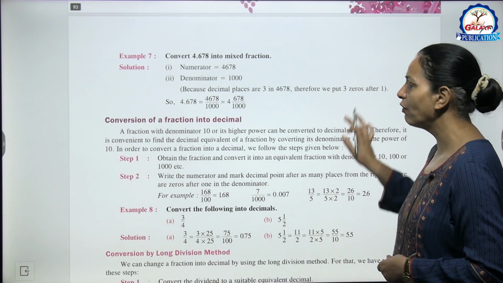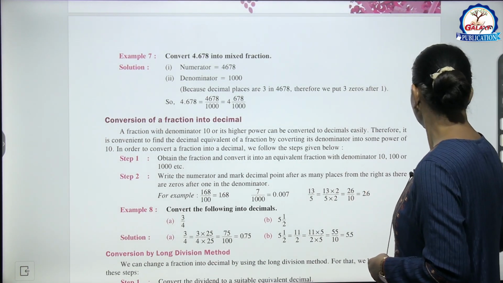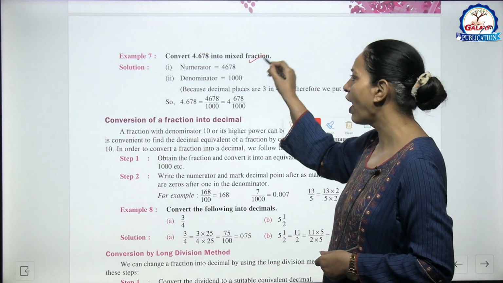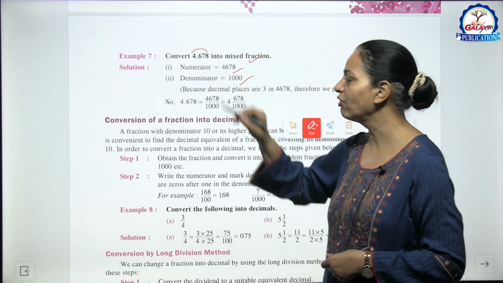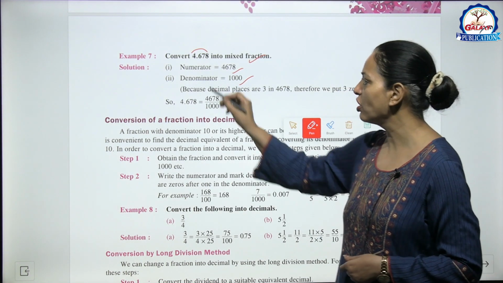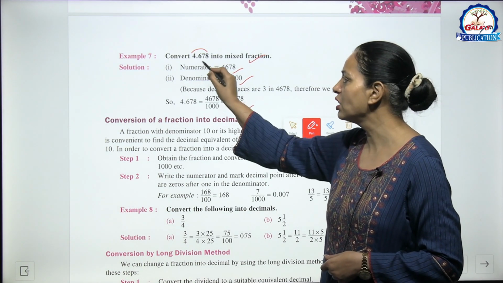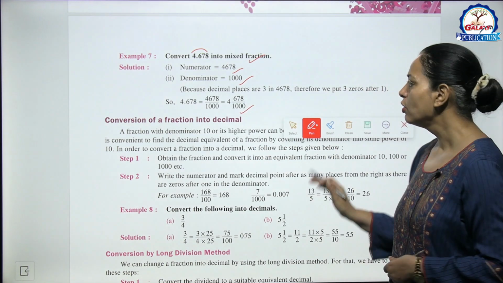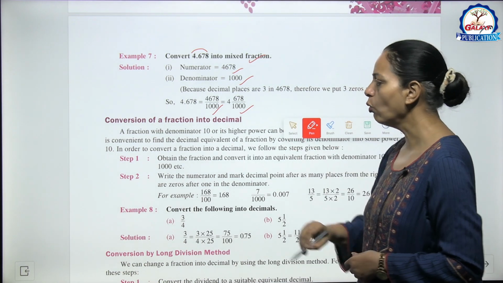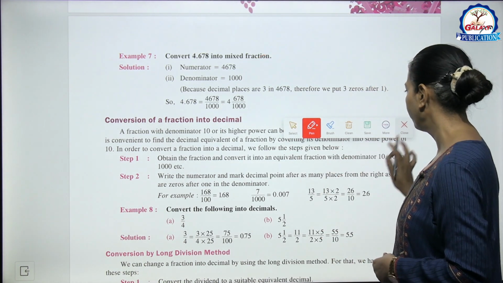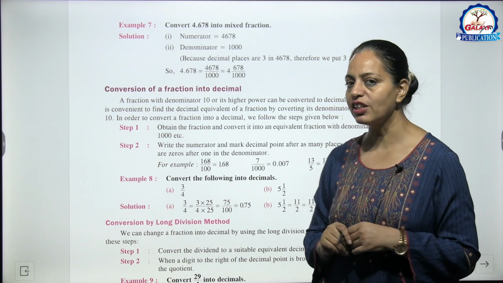Now example 7, convert 4.678 into mixed fraction. So numerator is 4678 और नीचे क्या आ जाएंगे? 1000 because 3 digits हैं after decimal. So it is the value and now convert into mixed fraction. I hope this is clear to you.